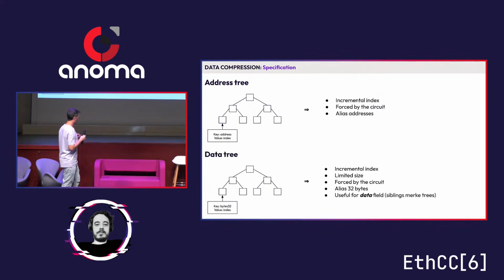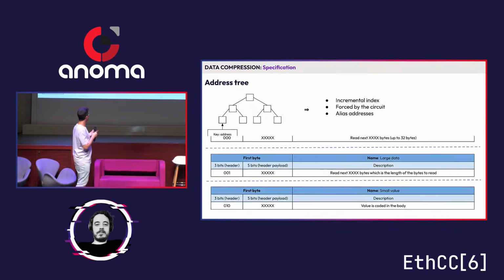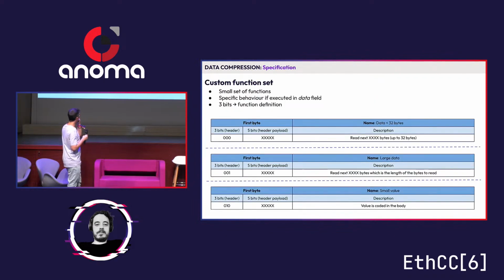And the data tree does exactly the same as the other tree, but it maps between 32 bytes and an index. So for an Ethereum transaction, instead of putting 20 bytes into the data availability, you will put just 1 byte, which will be the index. How to interpret that, we will see in the following slides.